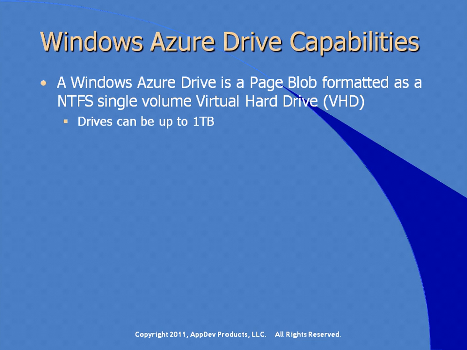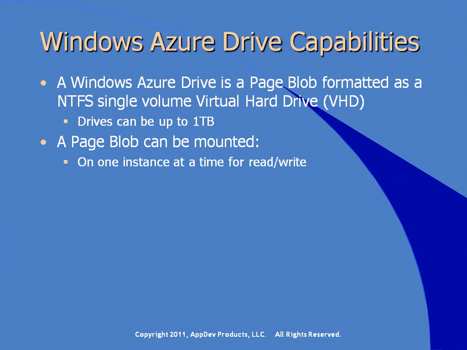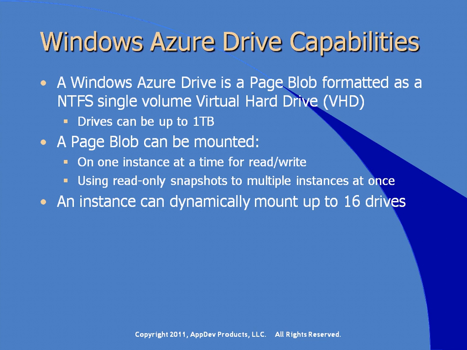Each drive can be up to 1 terabyte in size. A page blob can be mounted on one instance at any time for read-write, on the other hand, using read-only snapshots to multiple instances at once. An instance can dynamically mount up to 16 drives, and you have remote access via standard Blob UI capabilities.